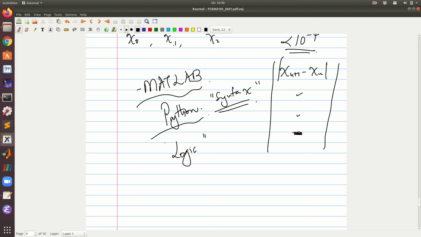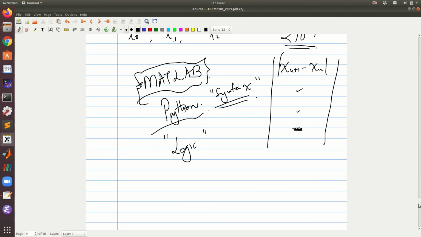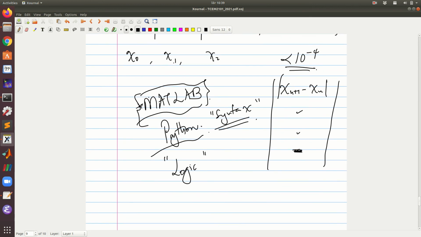Why I didn't want to do it in MATLAB is because the exercises I'm giving you are in MATLAB. So if I do them for you, then it may not be very helpful. So I just decided to use Python here, and you can follow the same logic, just change the syntax here and there in MATLAB, and perhaps even write better code.